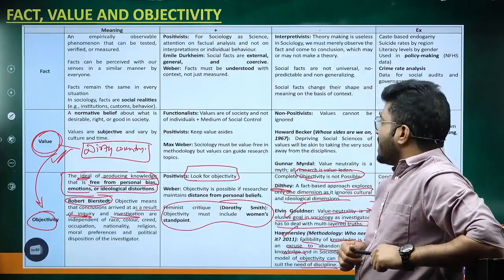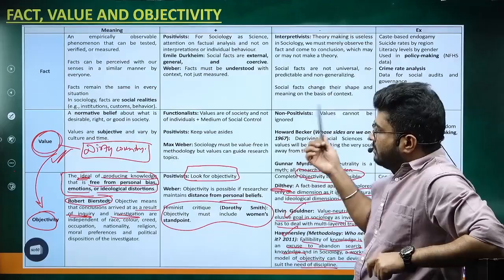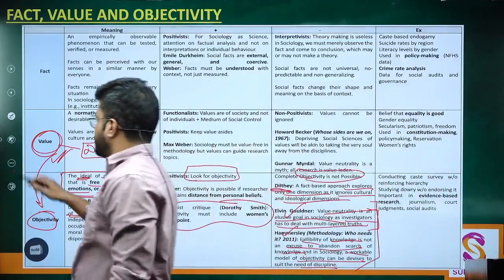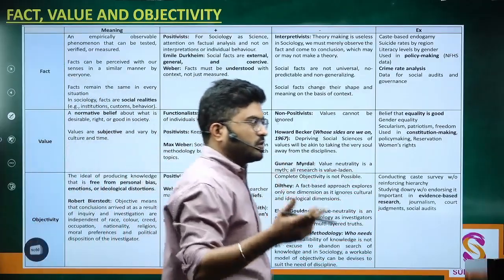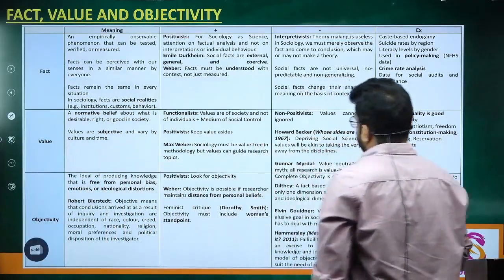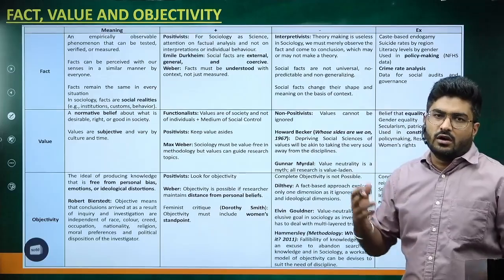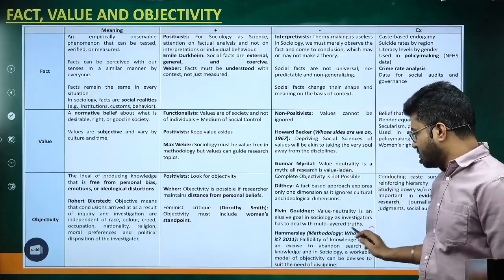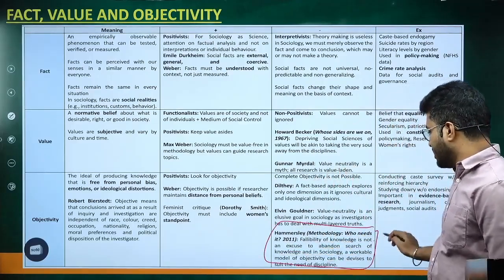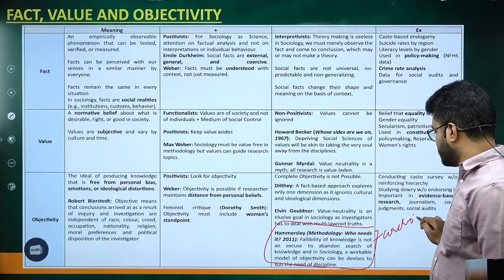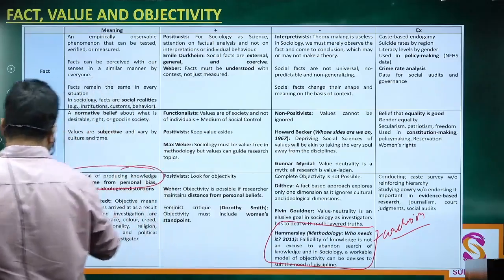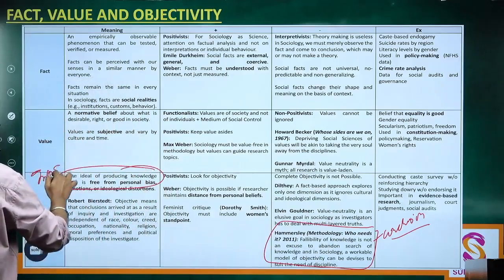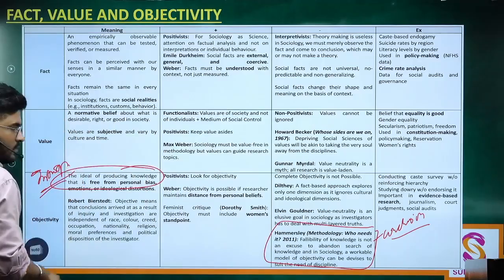So this is the chart. Again, you can use that for your revision purposes. Whenever the question comes, is objectivity necessary for sociology, you can write this particular thought as a conclusion and write this as the introduction.